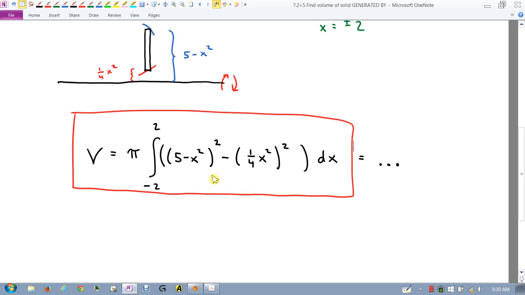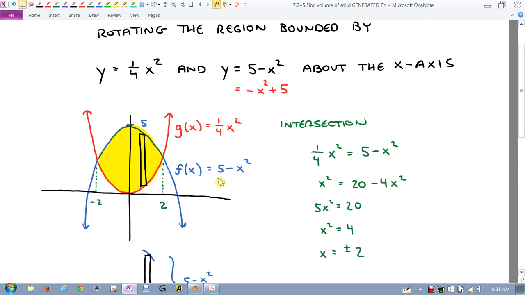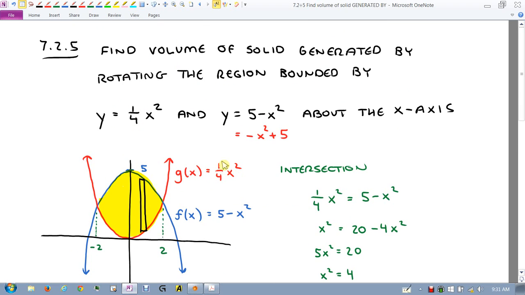Let's throw a little twist to this, okay? Let's see how this can get a little more confusing. I'd like to try and do the same problem, but I'm going to change something here. I'm going to change where we're going to rotate.